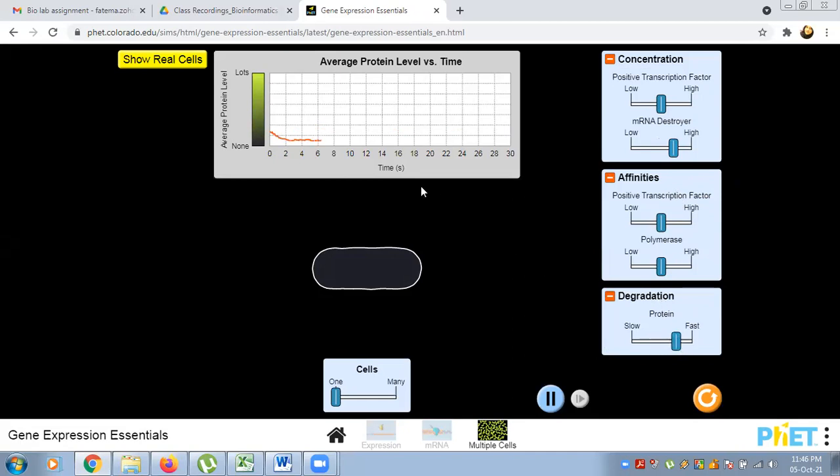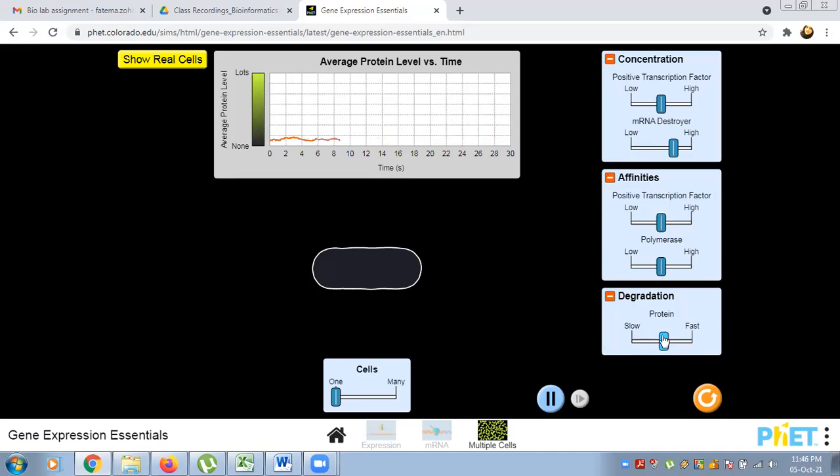So with time, the protein that is produced by this bacterial cell will be degraded. So when the degradation rate of the protein is high, you see this is the level of protein with time. When I decrease the degradation level of protein, it is increasing a bit.